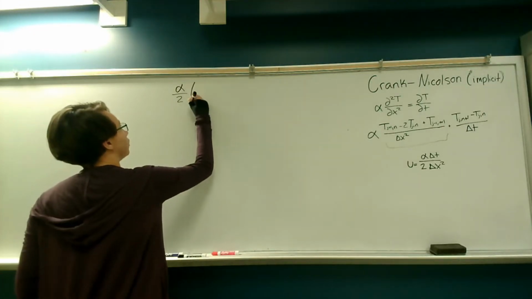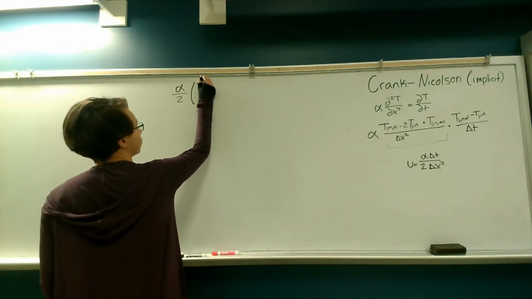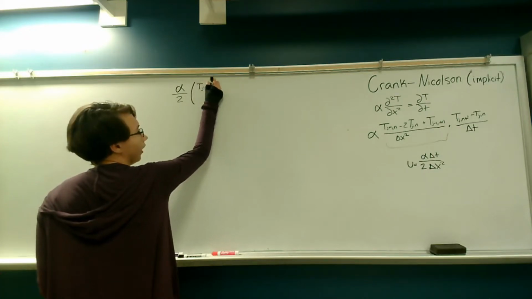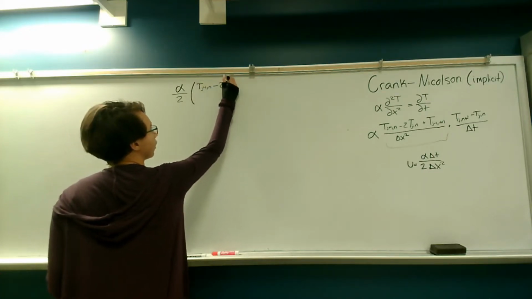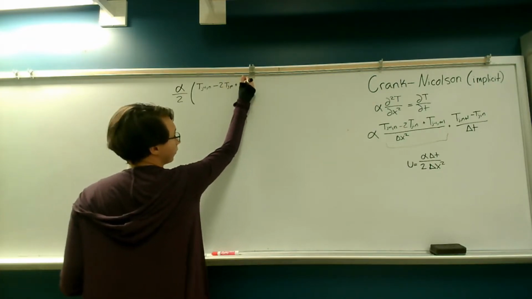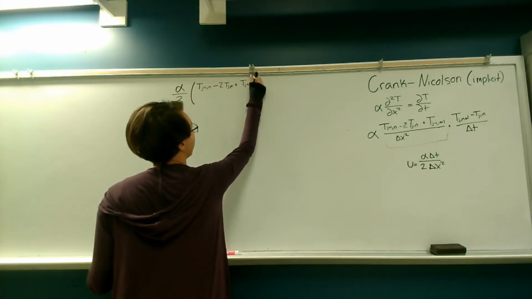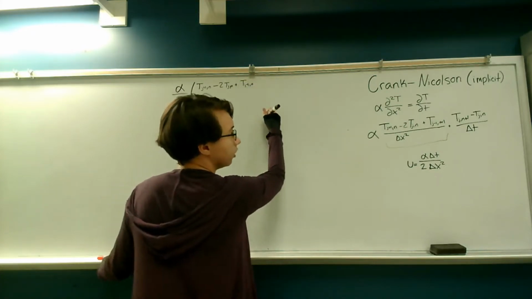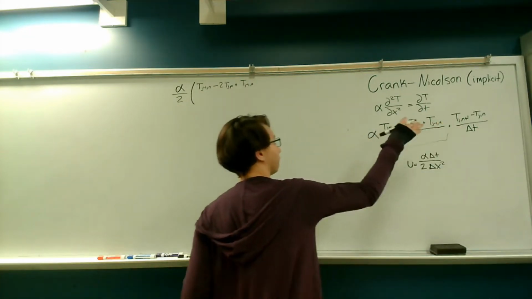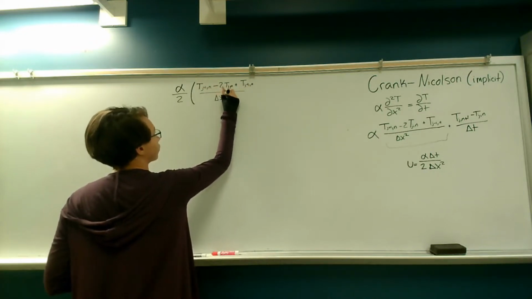And then the first term is going to be this one, just how it is. So T at j plus 1 at n, minus 2 times T at j at n, plus T at j minus 1 at n, over delta x squared.